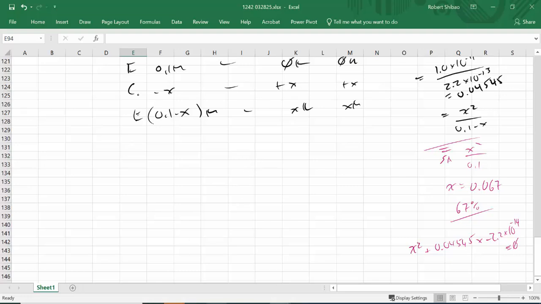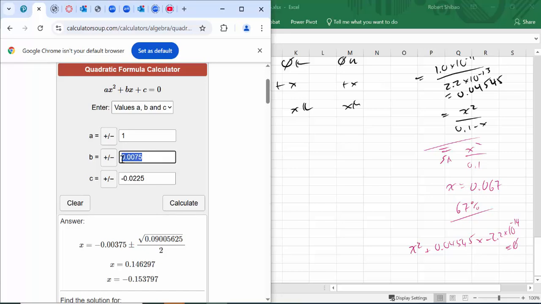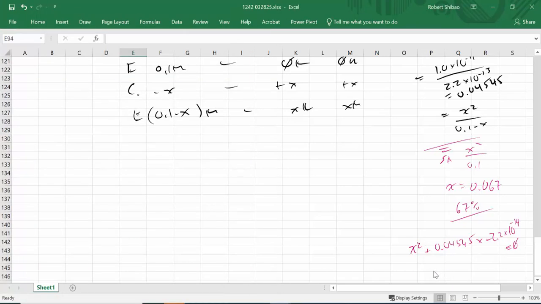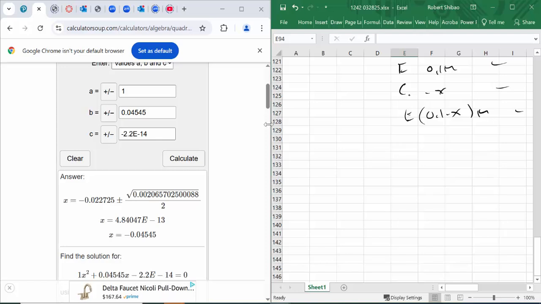So I'll do this in the quadratic solver here. 0.04545, and negative 2.2 times 10 to the negative 14, 2.2 e to the minus 14. Calculate, and I get an X is equal to 4.84 times 10 to the minus 13.